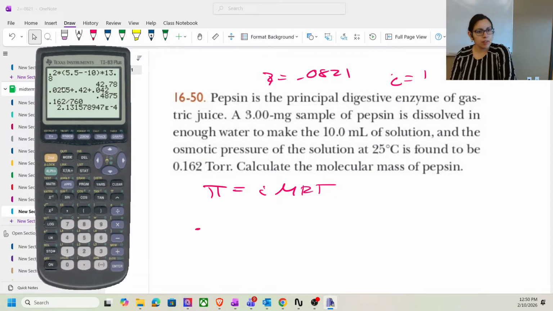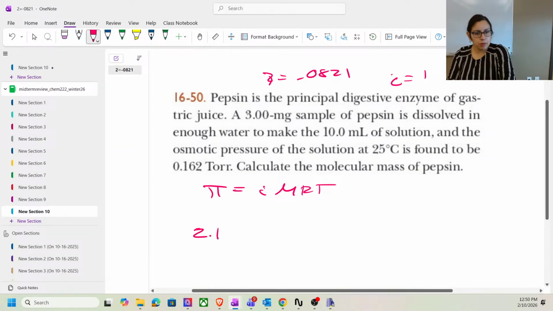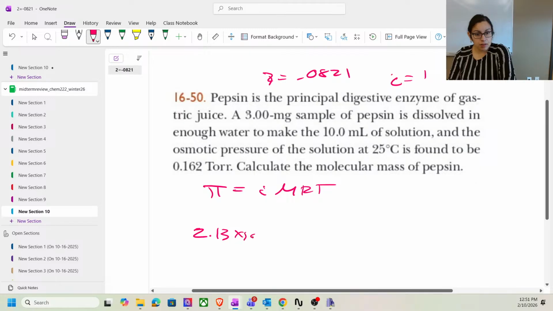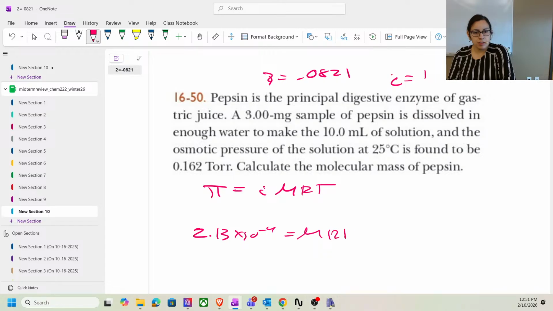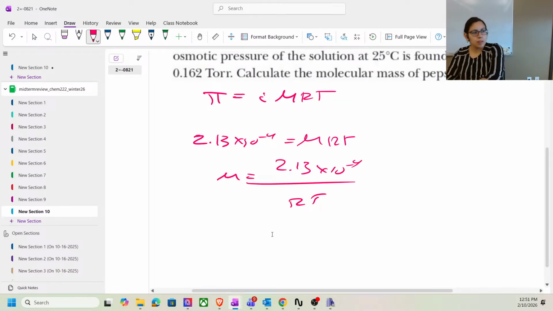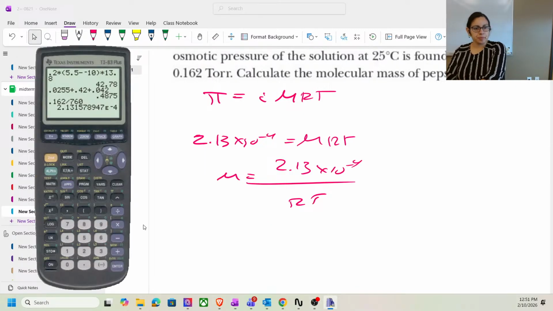Yep, so then you get this number, 2.13 times 10 to the negative fourth, is equal to molarity RT. So now solve for molarity, right? Sorry, I didn't realize we're over time now.